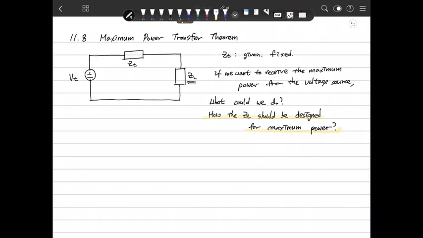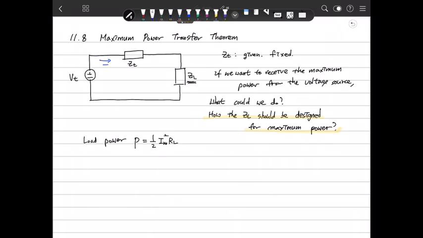To do that, we need to calculate the power received by the ZL. So what is the load power? The power P is half current square and RL. I don't know the value of the RL, but anyway, we need to calculate the current at first.